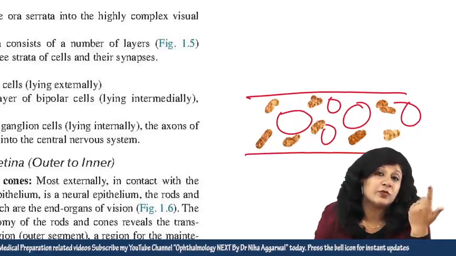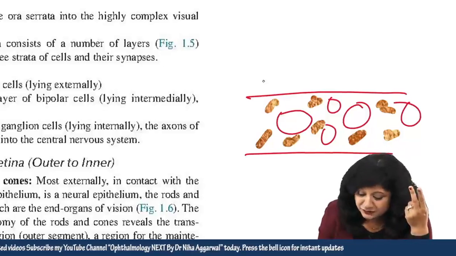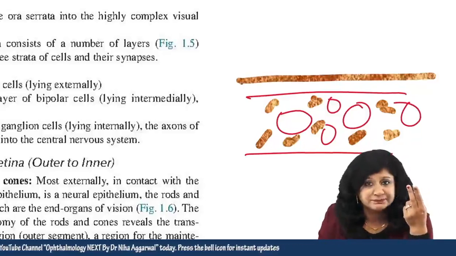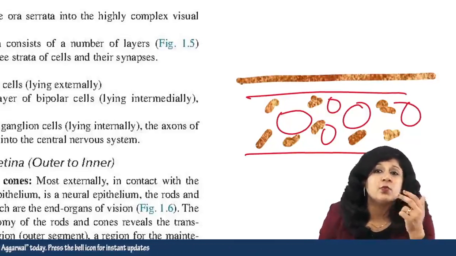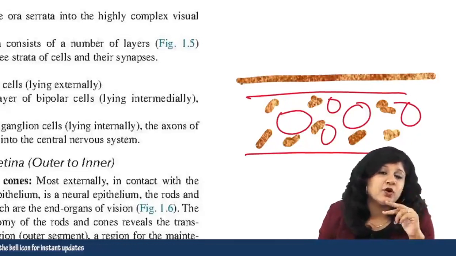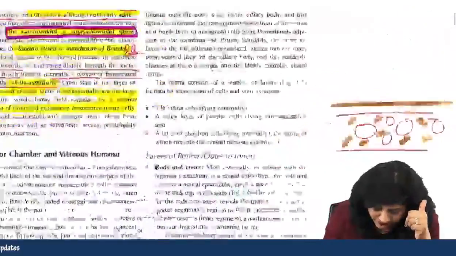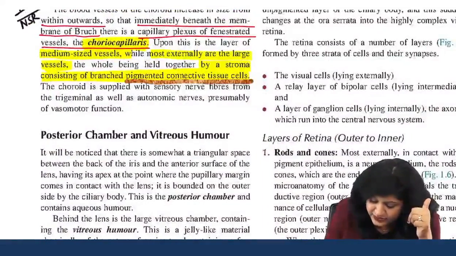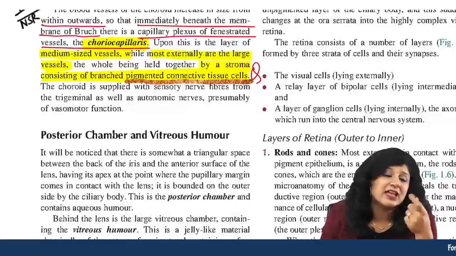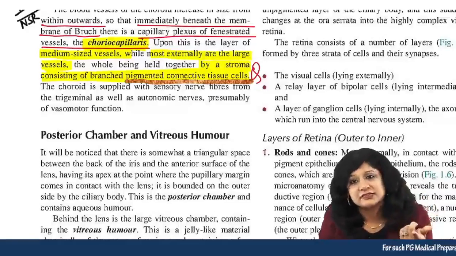So that is one identifying feature. The second identifying feature was the retinal pigment epithelium. These were the two things by which we identify which side of the retina it is. This is important with respect to demarcation, whether it is the outer side or the inner side of the retina.